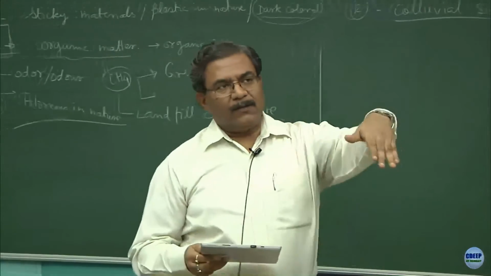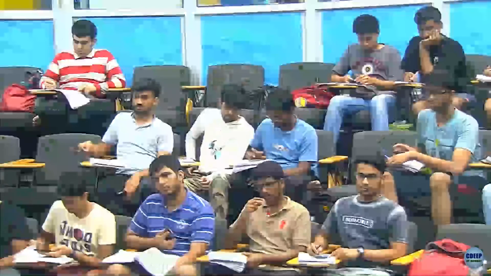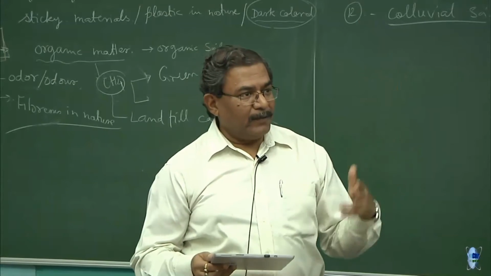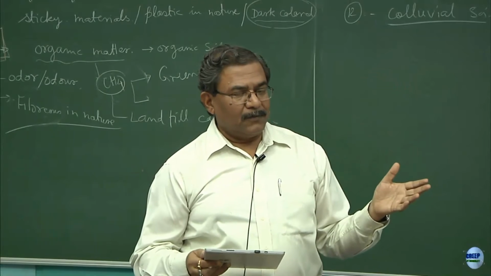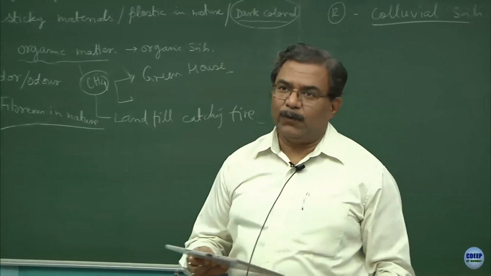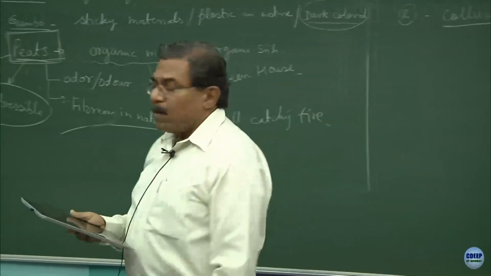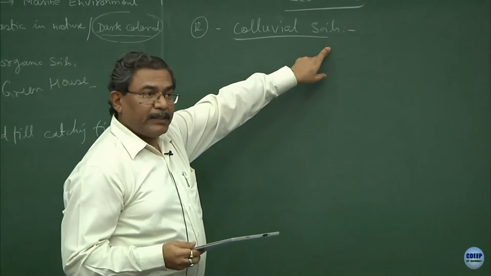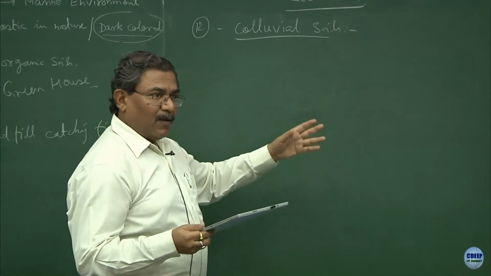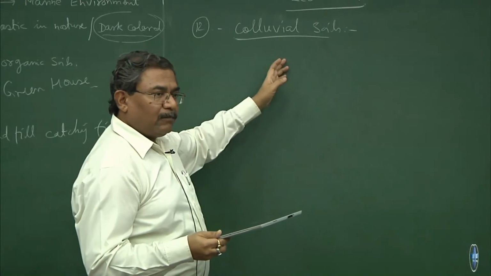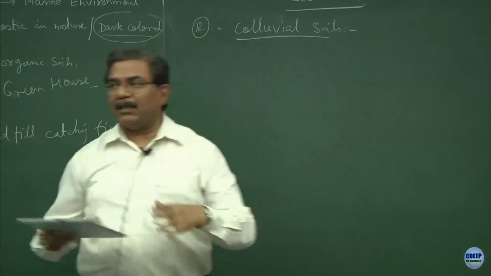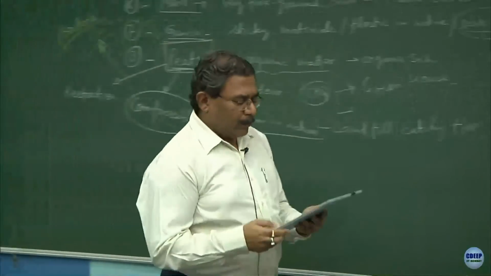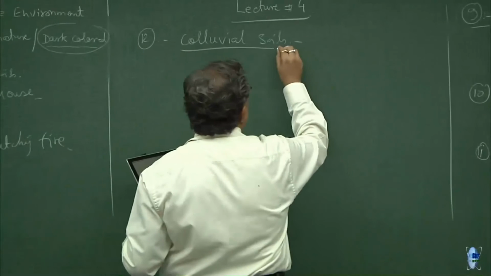So, when you travel through the Bombay-Pune Expressway, Khandala Ghat is very famous for rock debris falling during the rains, is it not? So, we say rain induced slope failures. So, you are right, colluvial soils are the ones which are formed because of the accumulation of rock mass when it gets detached from the parent body, and the parent body is nothing but the rocks, alright, and it gets deposited over there. We call them accumulation of rock debris.